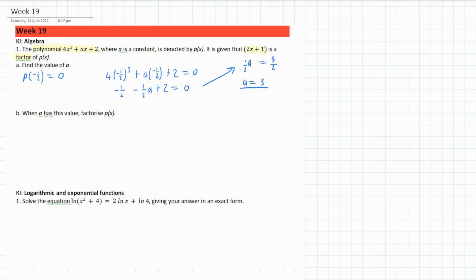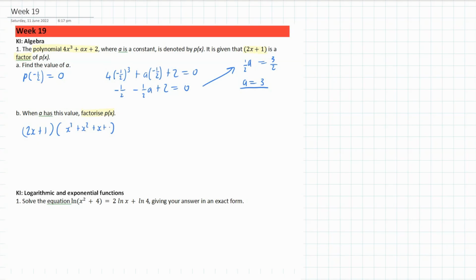When a has this value, factorize. Okay, there's a couple of ways that we could do this. So if this is a factor, we can multiply it by something x cubed plus something x squared plus something x plus a constant, and we can kind of work it out logically.